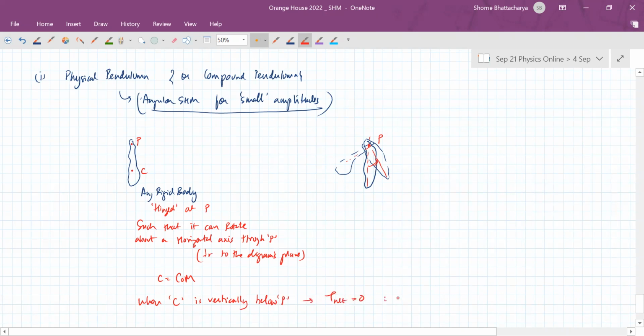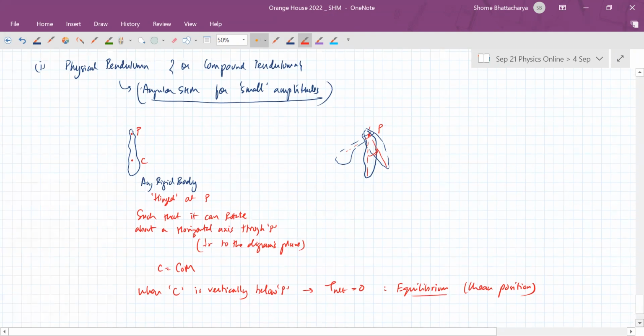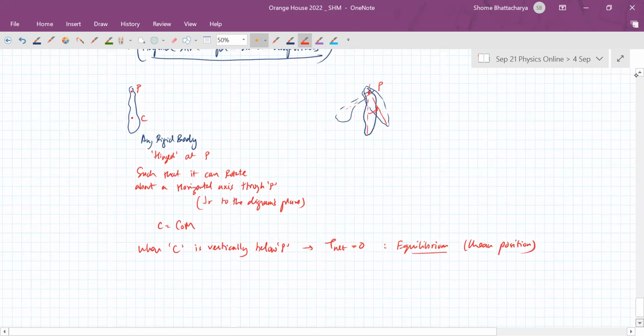So we have equilibrium. Because it's an angular system, instead of net force being zero, the condition for equilibrium is that net torque is zero. So just make a note of this section.